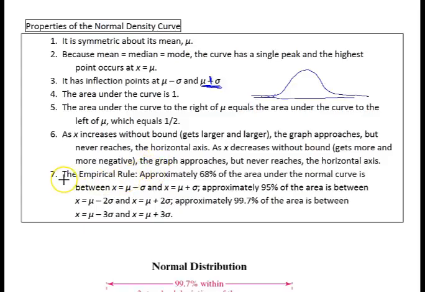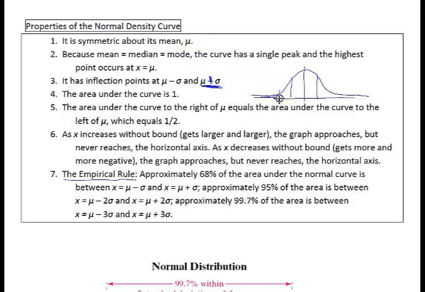Okay, and then because we have a normal shape, the empirical rule is in effect, which means all that good stuff that we learned about the empirical rule. So if this was our mean and we had one standard deviation out, there's 68% of the area under there. And this is on your little handout, fold-out thing where all your formulas are.